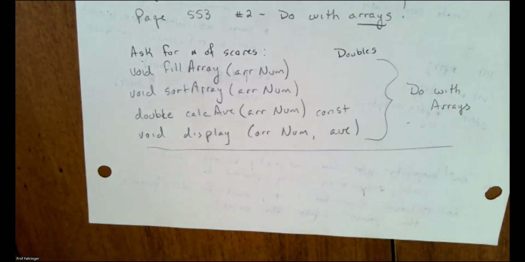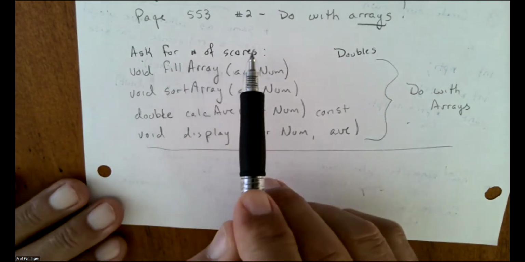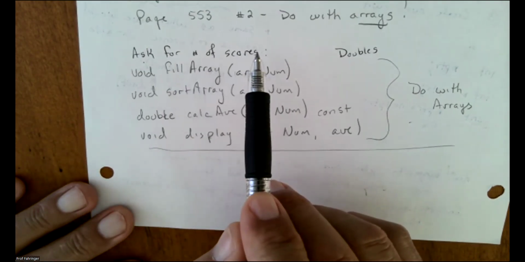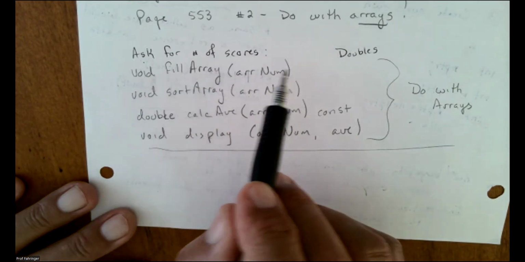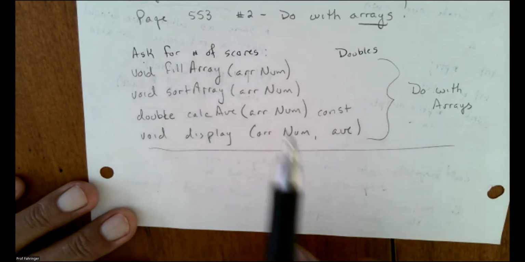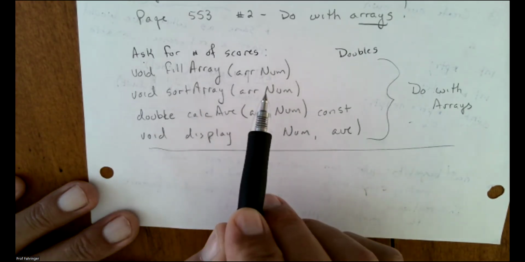And if I said to you, I'd like you to write a program, ask for the number of scores. Okay? We would probably call a function to fill the array with the scores and throw one of our sorts in. Again, we're just passing in the array.